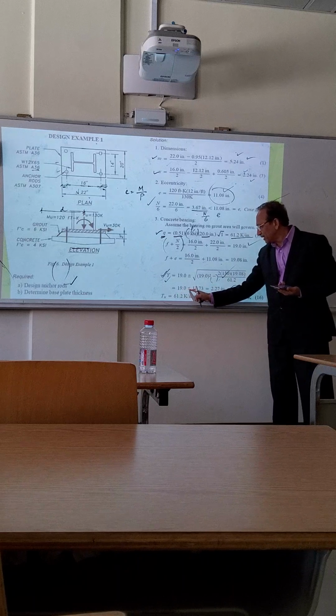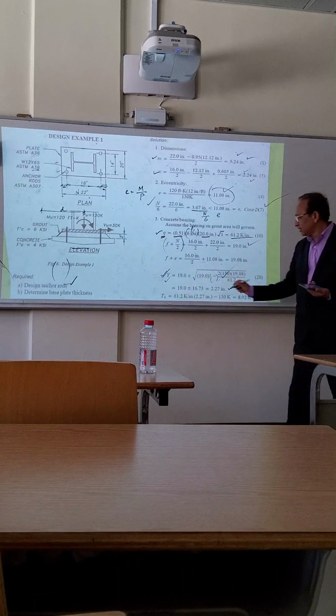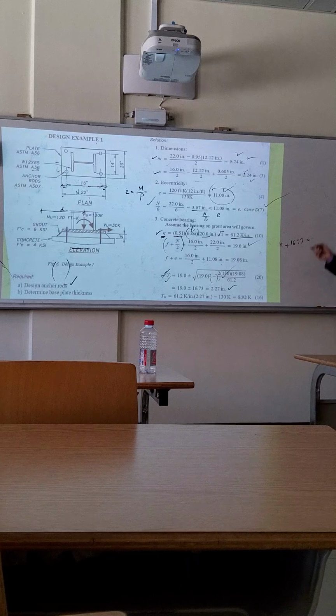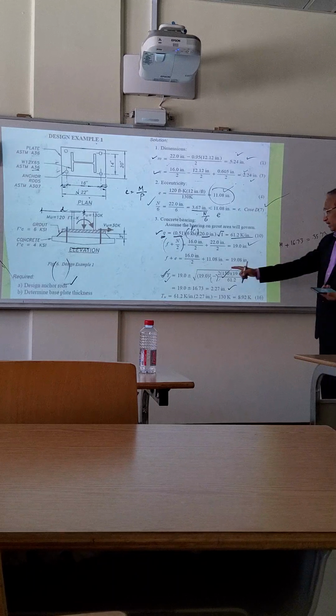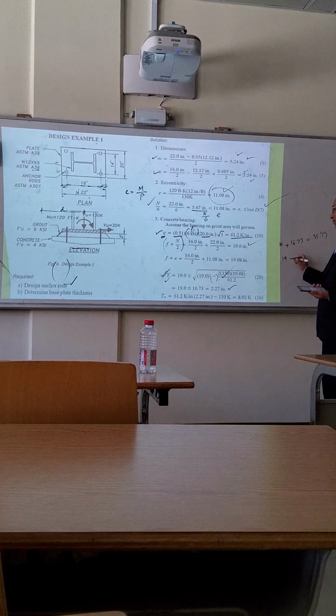So if I put this value with plus, what will you get? 19 plus 16.73, how much? 35.73. And if I put this with minus sign, 19 minus 16 point something, that is 2.27.